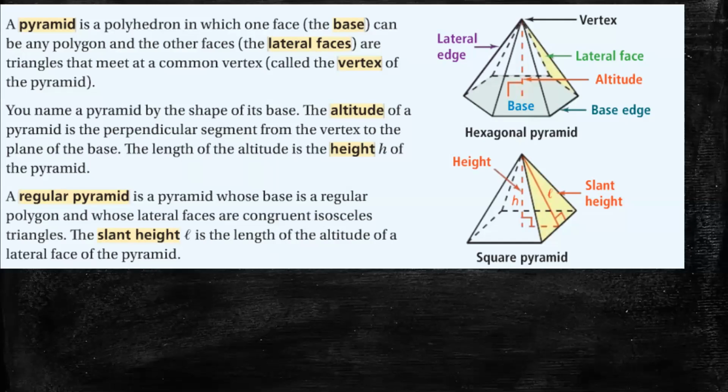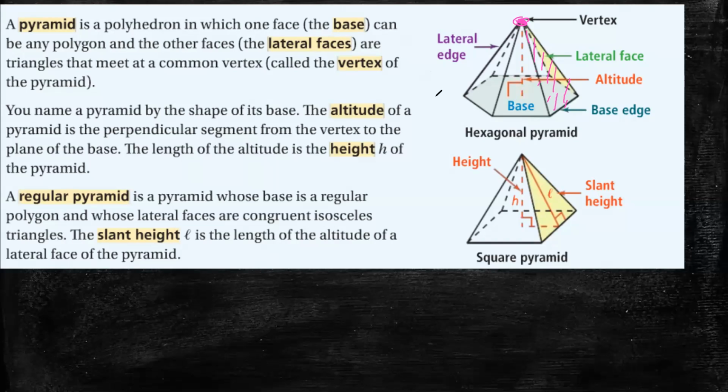These lateral faces come from one side of the base and make a triangle, until all of these triangles meet at a common point. We call it a vertex.